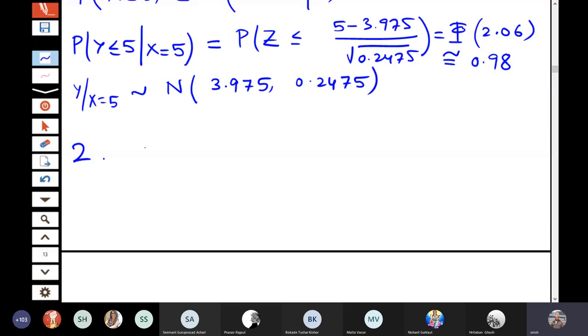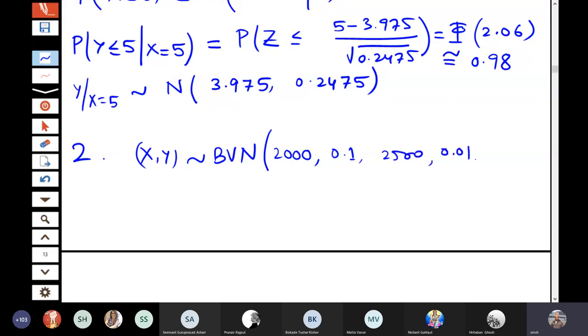Let us take another example. Here (X, Y) is bivariate normal with parameters 2000, 0.1, 2500, 0.01 and 0.87.